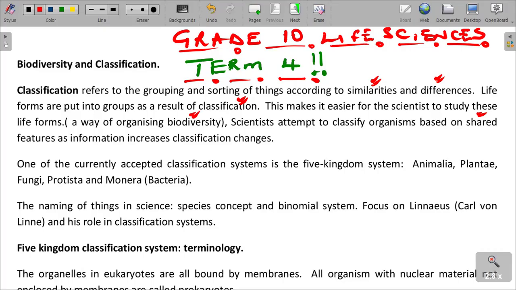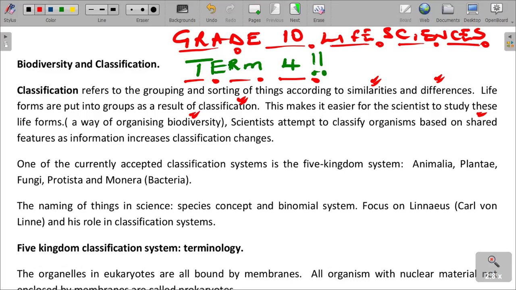When information increases, there is a general classification we can give as a basic, and then we can go deeper into the finer details, the nitty-gritties that we can identify, which makes the classification change and become more specific.